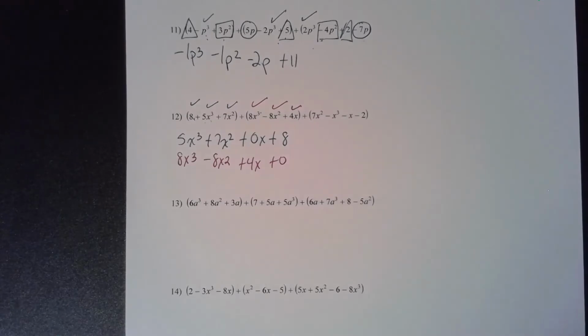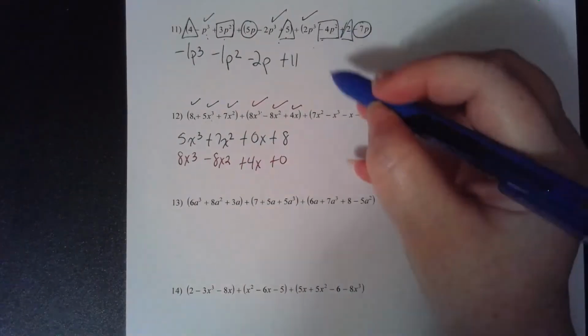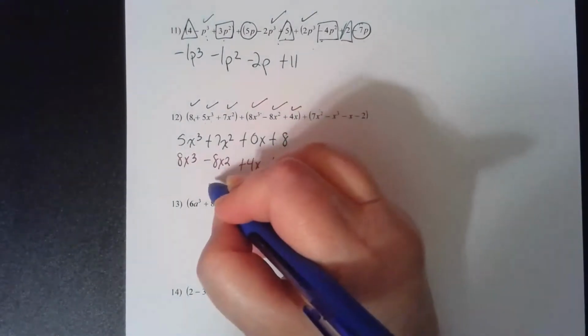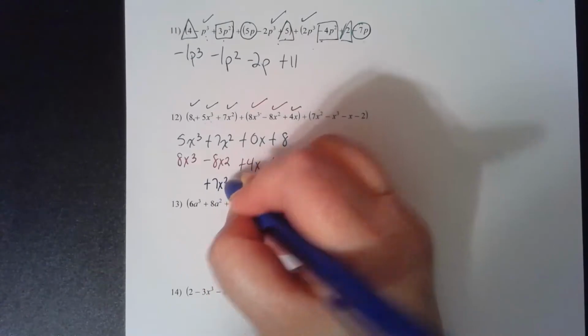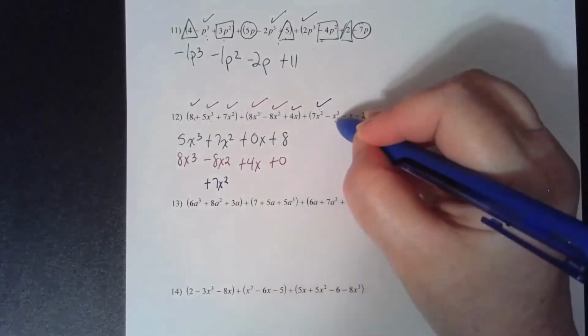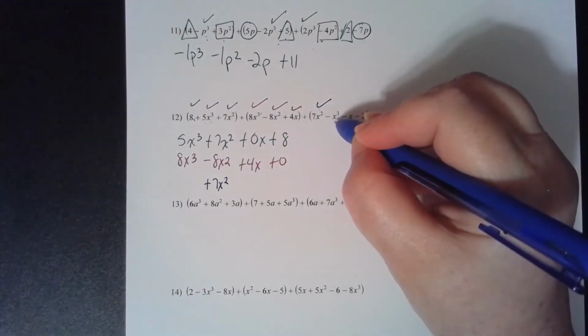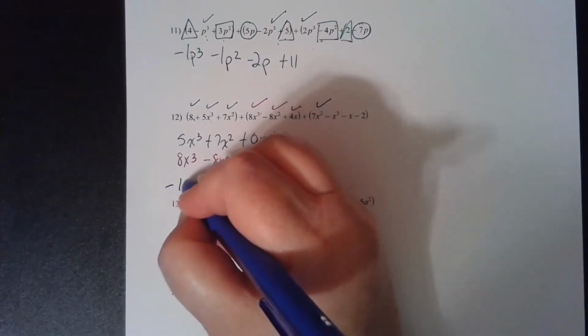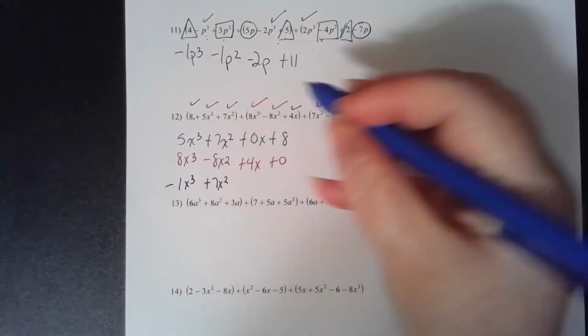Okay. And then our last one, let's do this in blue. Alright. I've got 7x squared. See, now I don't even have to worry about whether something's out there or not. Negative 1x cubed. Please make sure that you do put your number there, though.